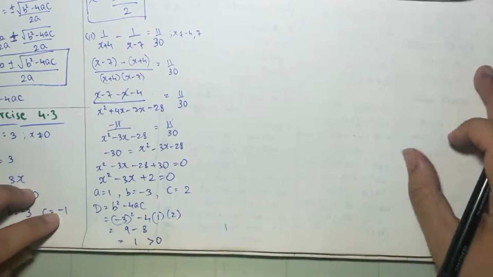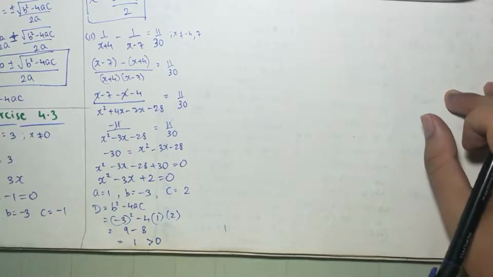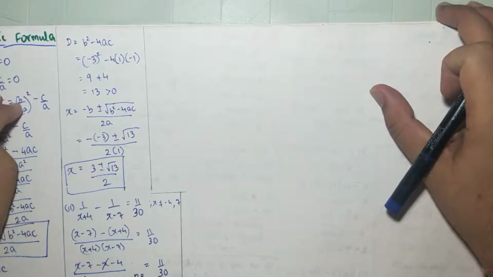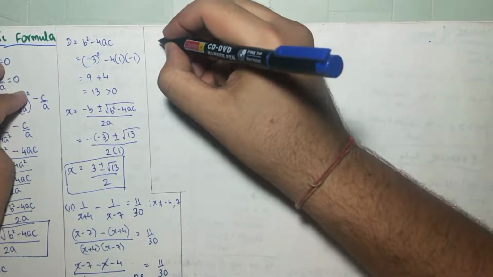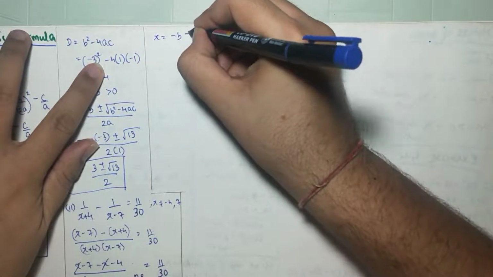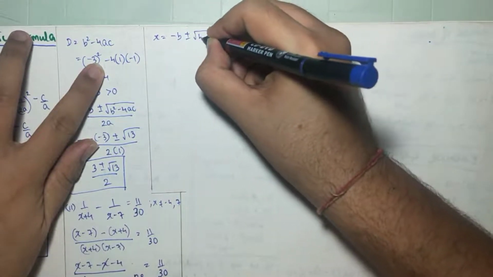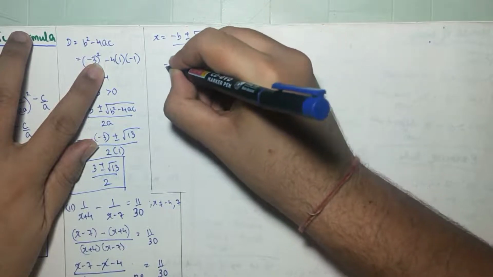As you can see, this is greater than 0. If this is greater than 0, that means roots are possible. As our discriminant came out to be greater than 0, we can now find the roots. X would be equal to minus b plus minus under root b square minus 4ac upon 2a.